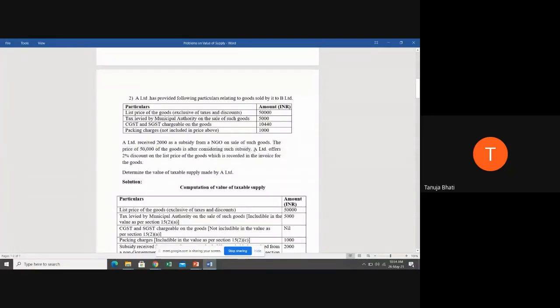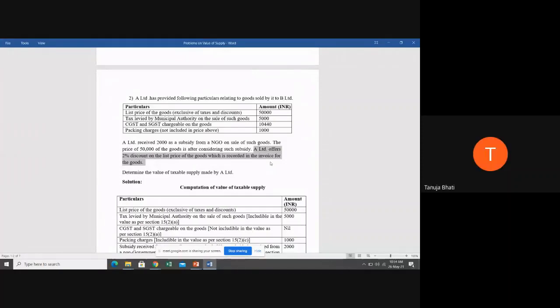Now, A offers 2% discount on the list price of the goods, which is recorded in the invoice for the goods. So should this discount be included or excluded? Such discount is already recorded in the invoice of the goods, students. When he is issuing the invoice, this discount is recorded in the invoice. So should discount be excluded or included, students?